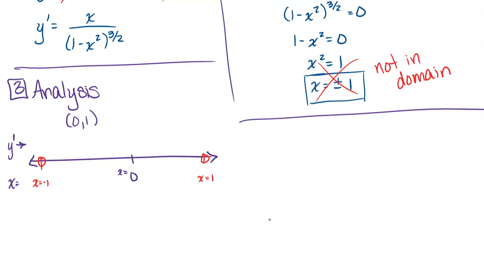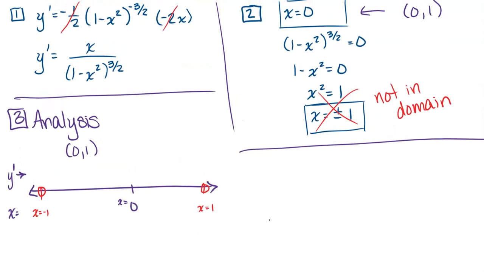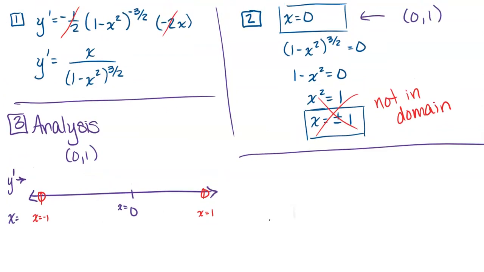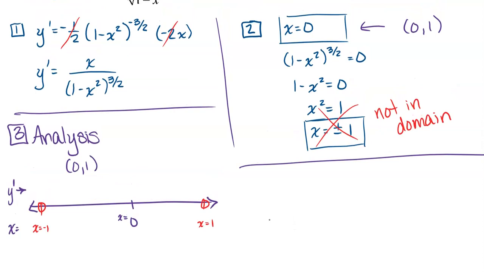So what we want to know from this sign chart is, is the derivative of this function positive or negative on this interval? So we're going to imagine plugging in a number that is in between 0 and -1. We're going to plug in some small negative number into the derivative.